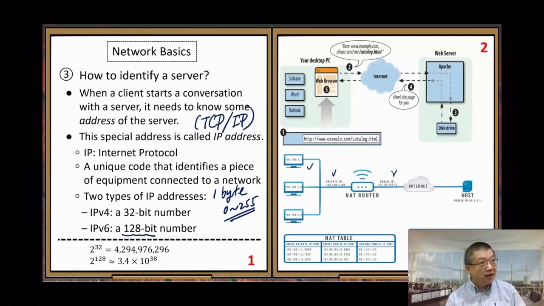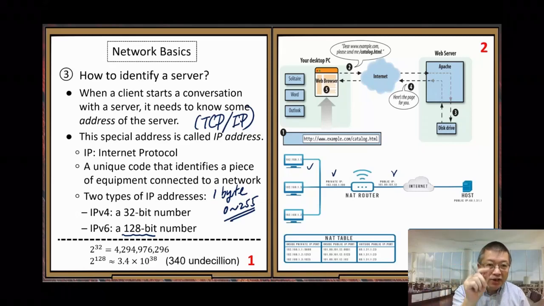How big is that? 3.4 times 10 to the 38th. That big number. So what's that number? It is hard to use an appropriate name to call it. Here, this name. Have you heard of it?